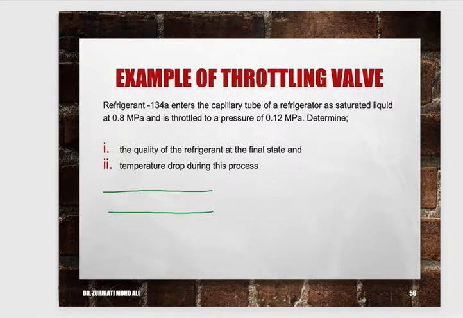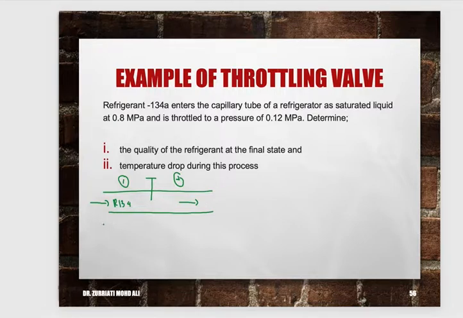So this is the capillary tube of the refrigerator. This is a throttling valve. R134a. This is state 1 and the other side is state 2. So what is state 1?